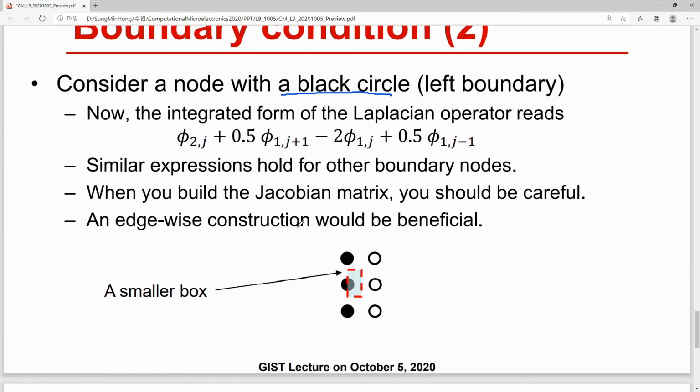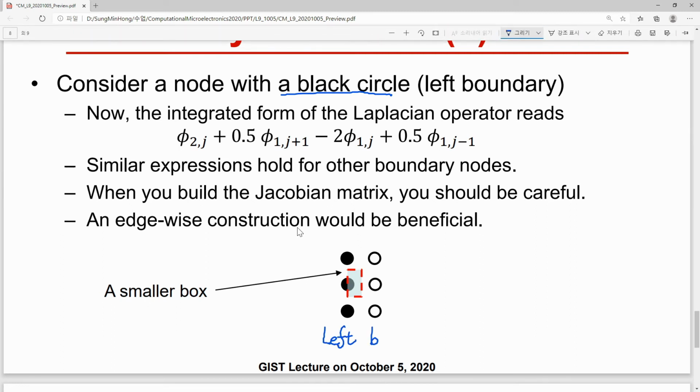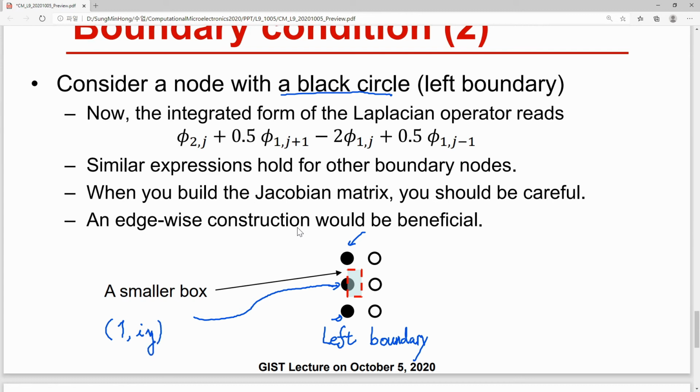So in the left boundary, now you have certain points. For example, if this is your center point, then this is specified as 1 comma iy.